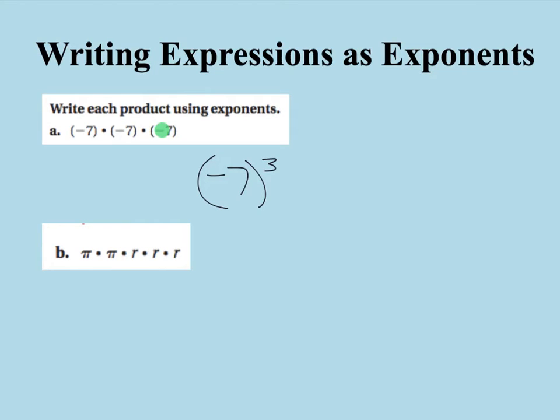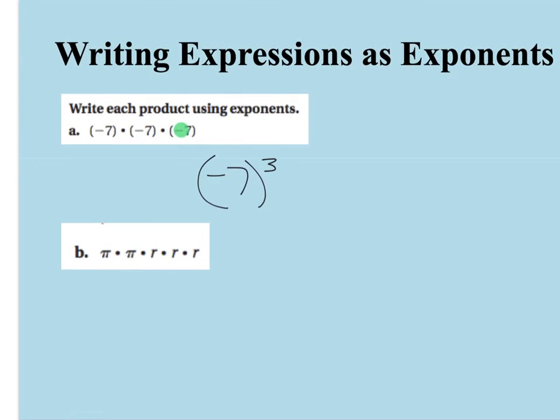It's important here to use parentheses whenever dealing with negative bases. Without parentheses, if I were to rewrite this expression as -7 to the 3rd power, my base is no longer -7. Now my base here is just a 7. So it's super important to always include parentheses whenever your base is negative.